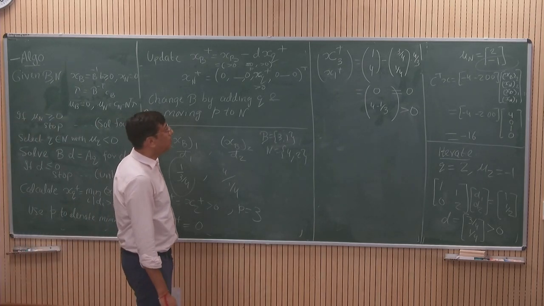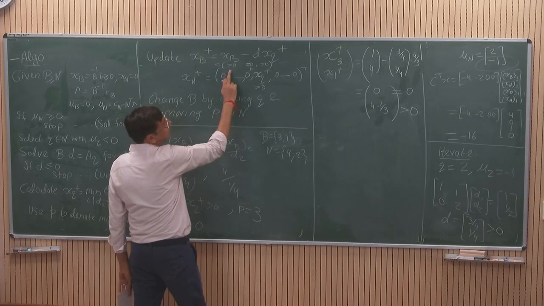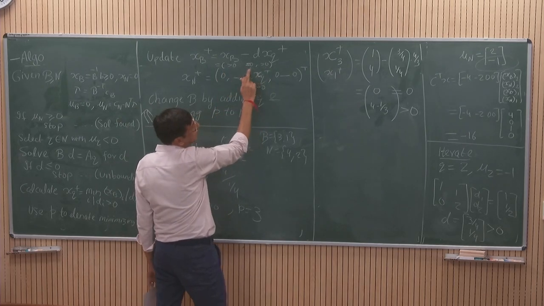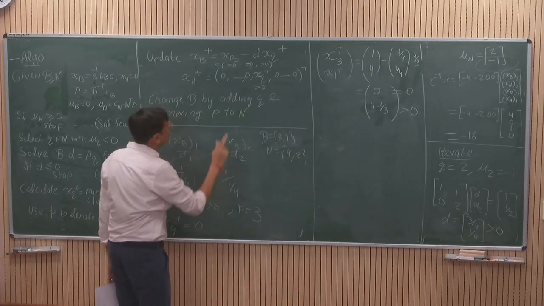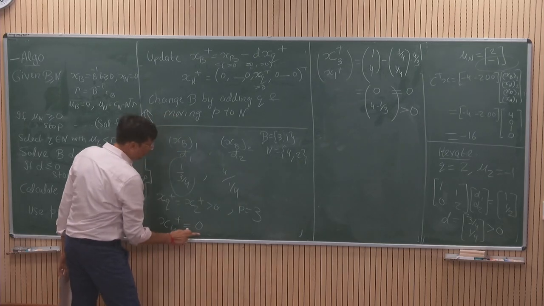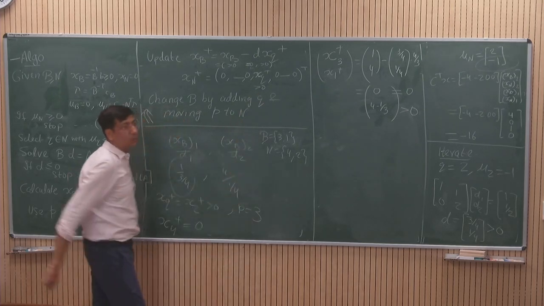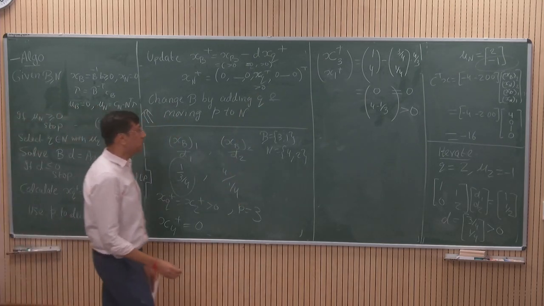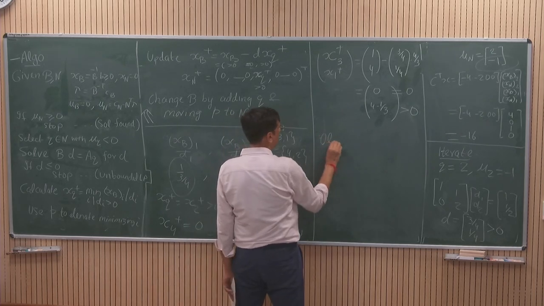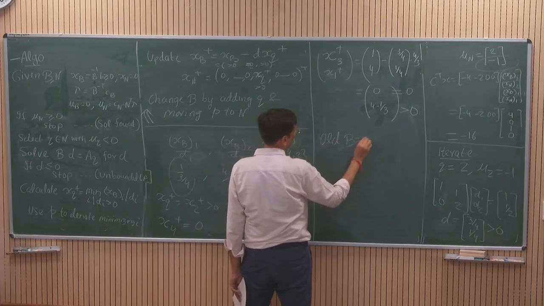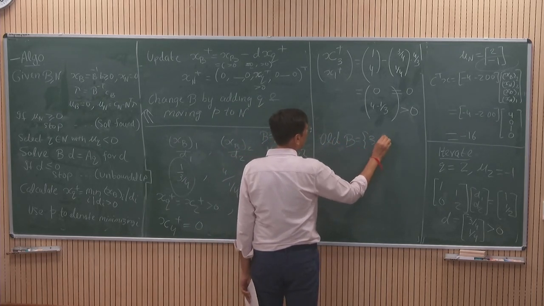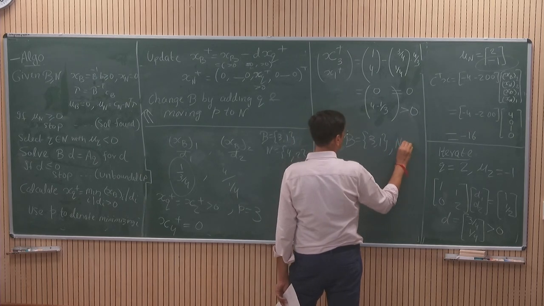So now what will you do? You got all the other elements equal to 0 and one element greater than 0, so now you will swap. Your old B is 3, 1, n is equal to 4, 2.